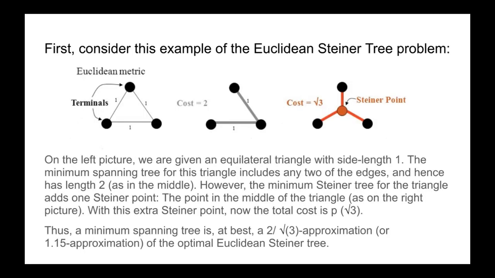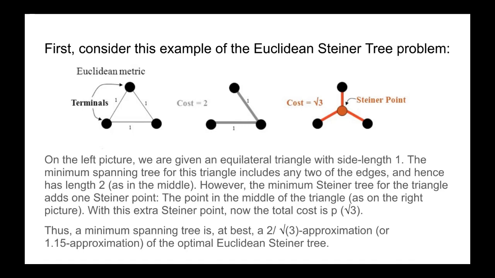Okay. So let's consider this example of Euclidean Steiner tree as I explained. On the left picture, you can see we are given an equilateral triangle, the same image as in the earlier example. So the minimum spanning tree includes any two edges, right? So the total cost is 2. But the Steiner tree itself, which is the optimal solution, has a total cost of root 3, as I said earlier in the slide.